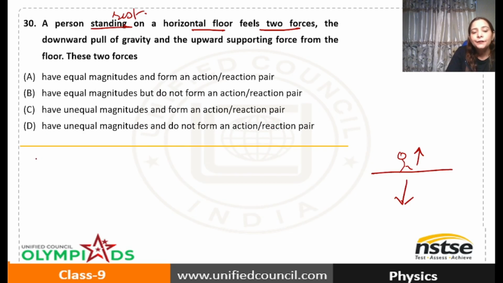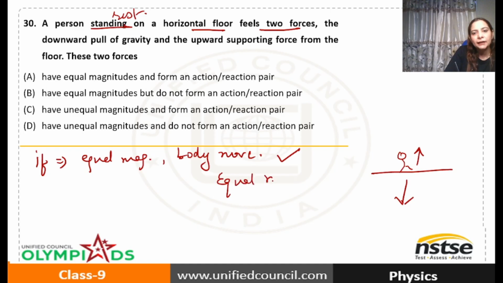We know that if two forces are acting with equal magnitude, they don't make the body move. Now here a man is stationary, so obviously the forces acting on it are of equal magnitude. Now action-reaction pair.